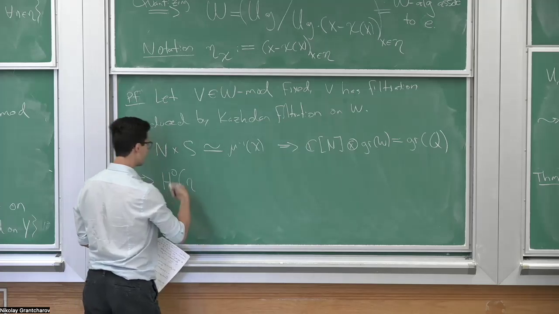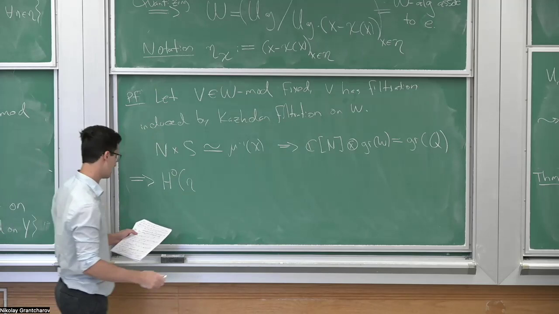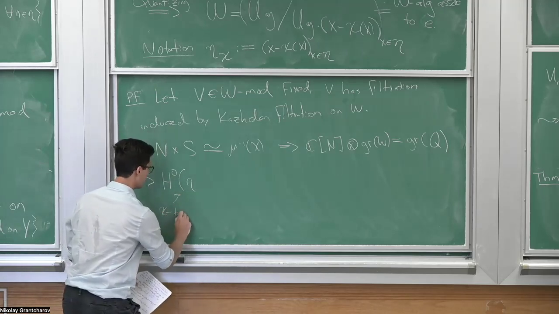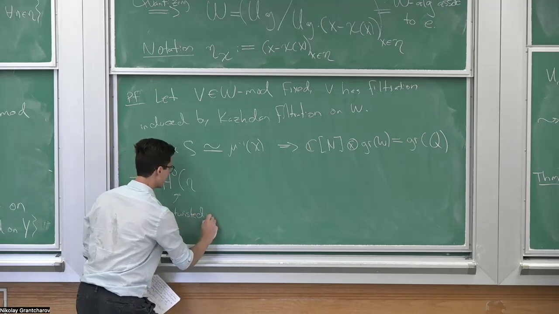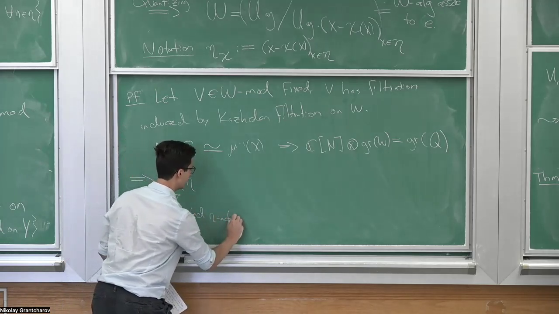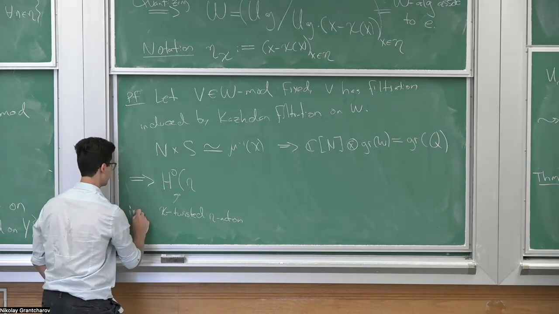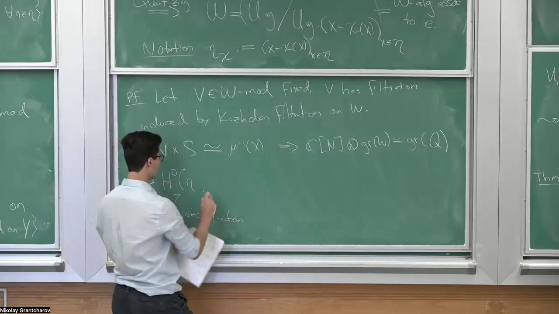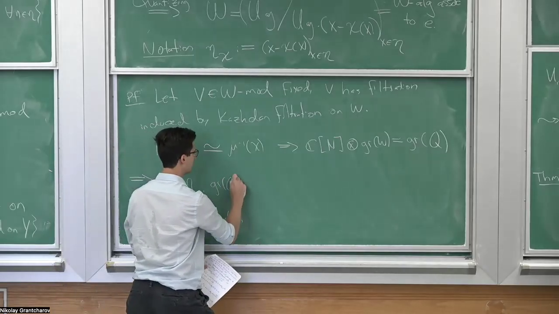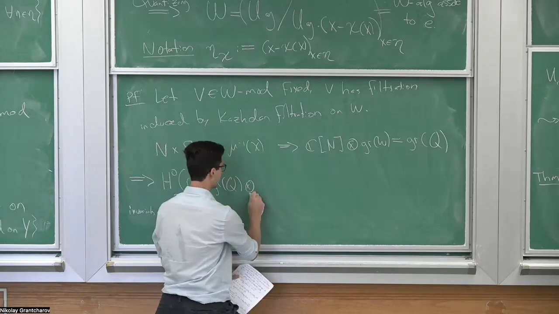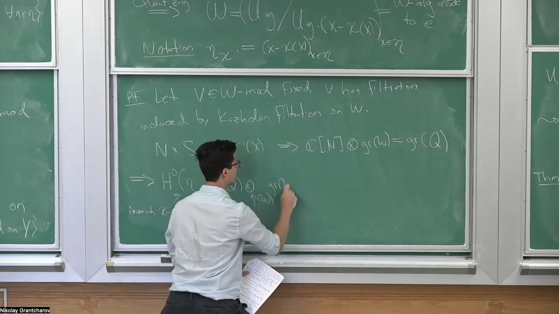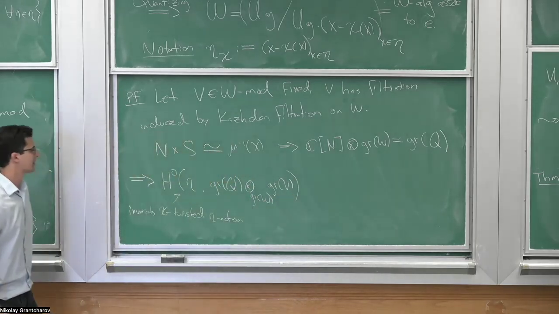The zeroth Lie algebra homology is just invariance under this chi-twisted action.